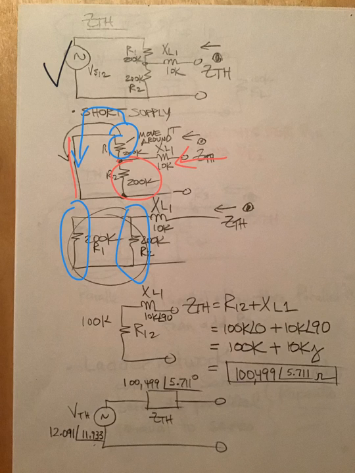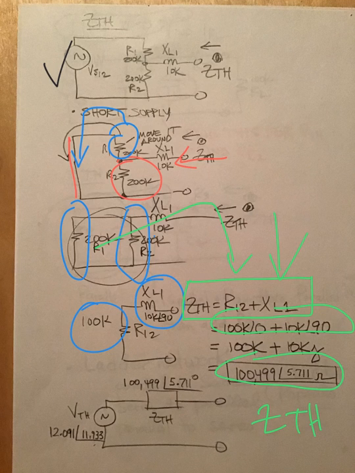It's 200 in parallel with 200, which is 100, in series with this, and so your Thevenin impedance is R12, which is the parallel combination here, plus the inductor. And there it is. What do you get? Thevenin. Way cool, right?